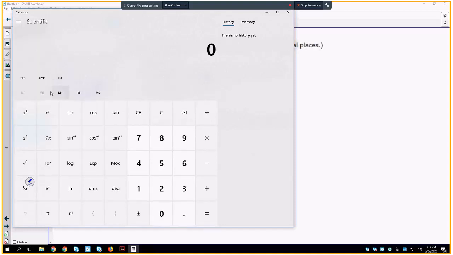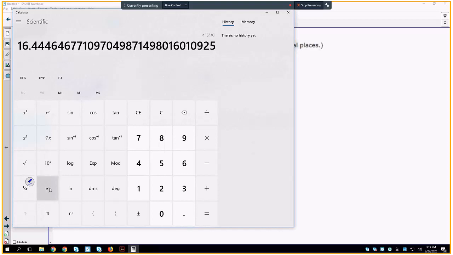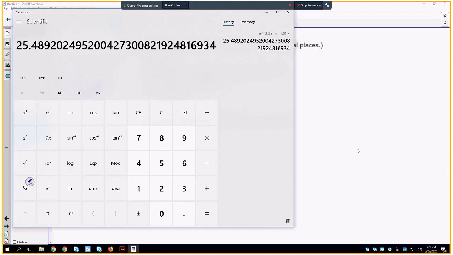We need our scientific calculator. So let's do 2.8, e to that, and then times 1.55. So around 25.4892.